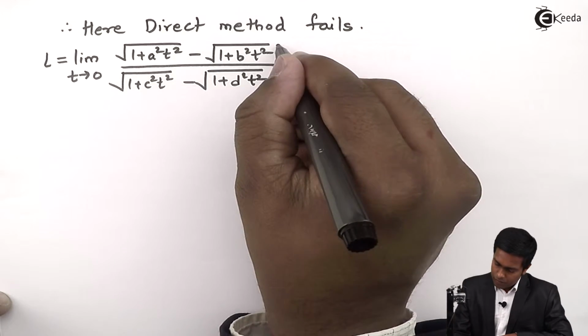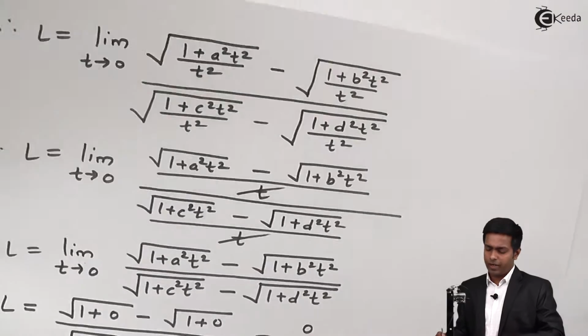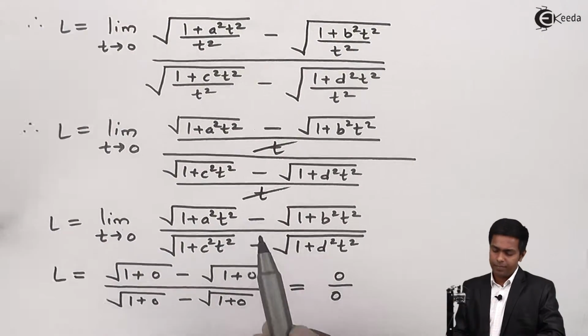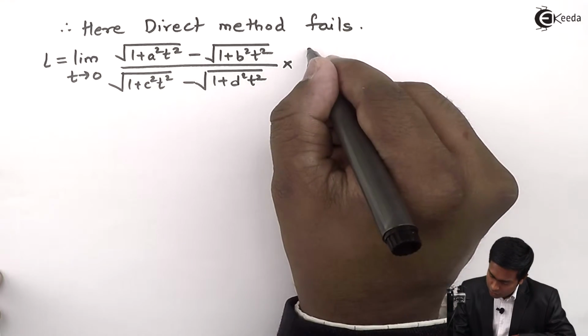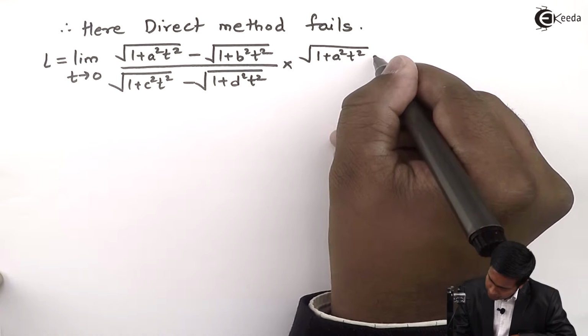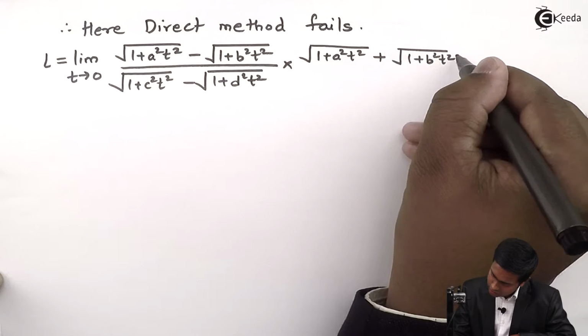Now I am finding the conjugate of the numerator. So the conjugate of the numerator has a positive sign in between. So here the conjugate is square root of 1 plus a square t square plus square root of 1 plus b square t square.